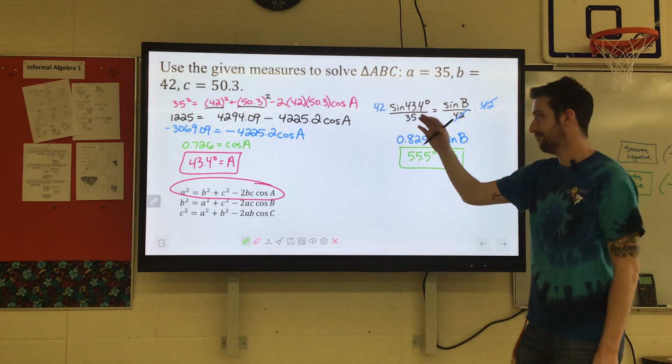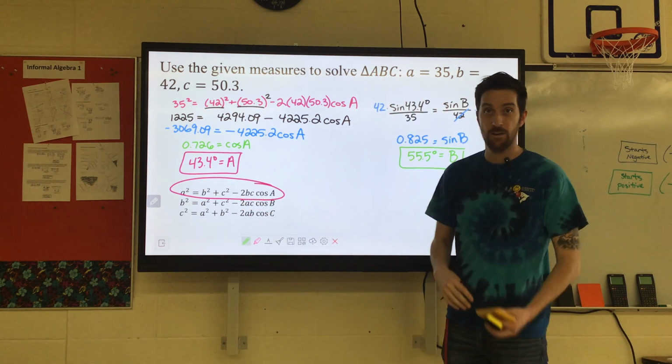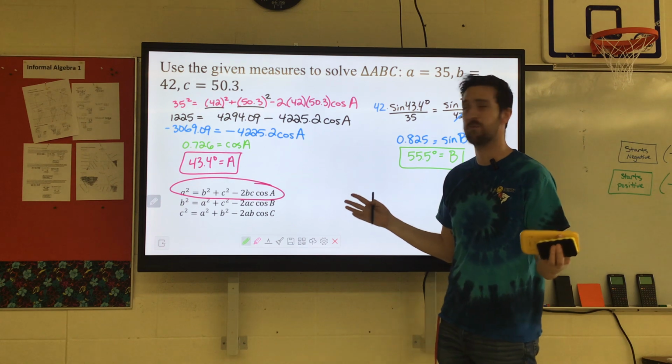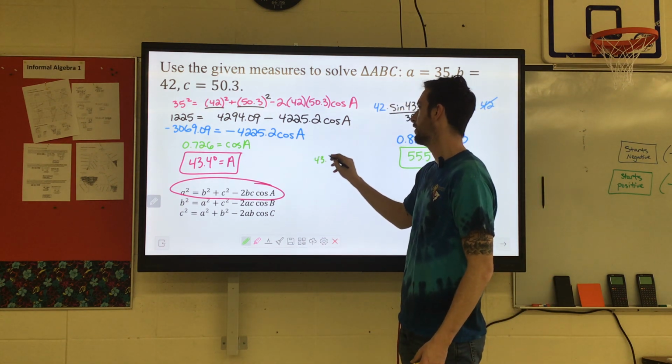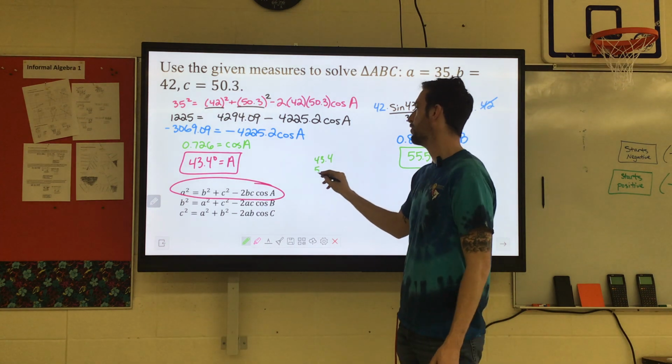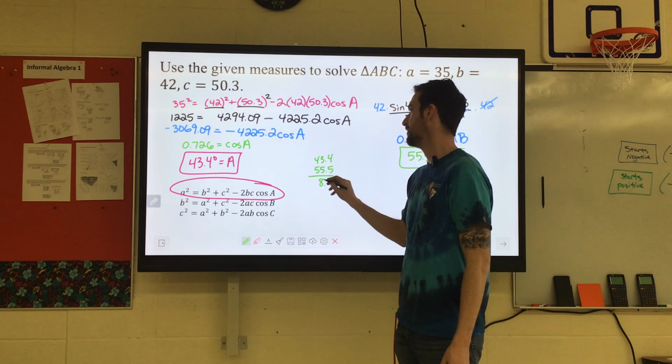We could do law of cosines for angle C. We could do law of sines for angle C. Or we know that they add up to 180. So if I did 43.4 plus this 55.5, let's see, 98.9.